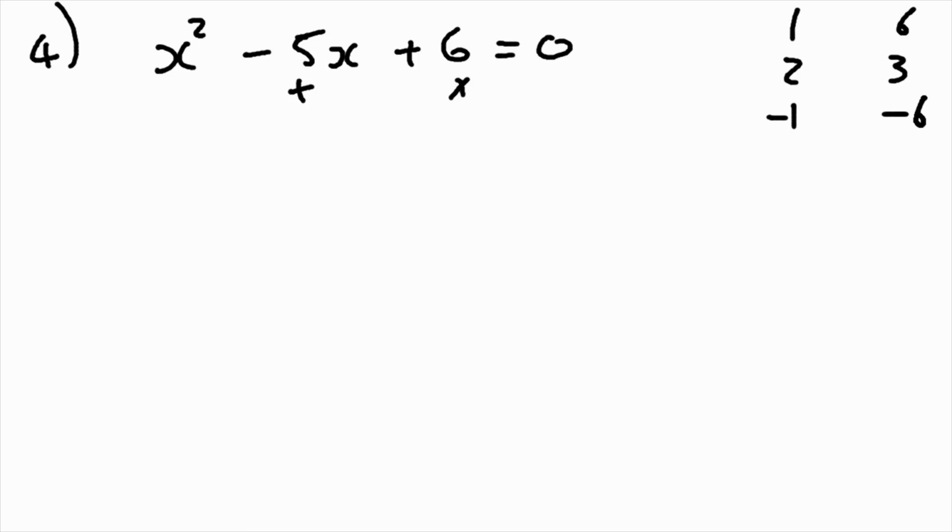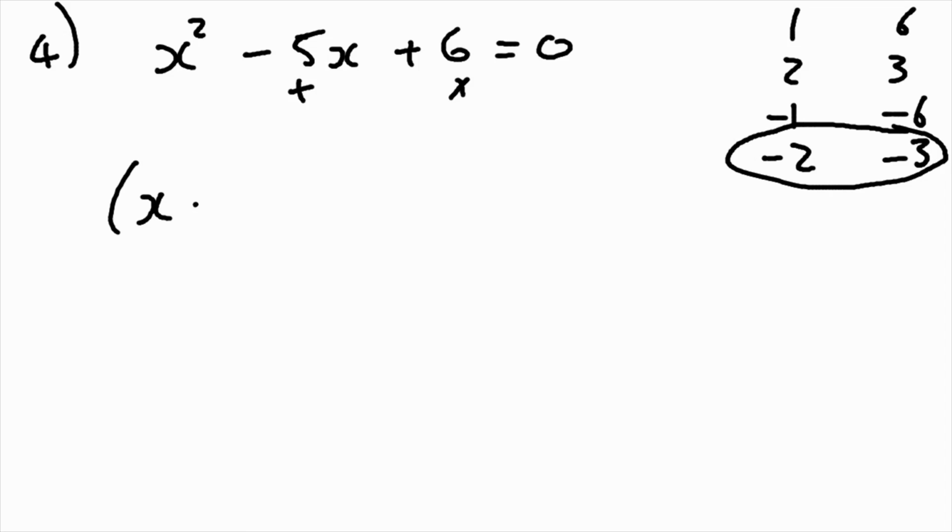-1 times -6 is going to give you positive 6. And -2 times -3 is going to give you positive 6. Now, which one of these adds together to give you -5? The last one.